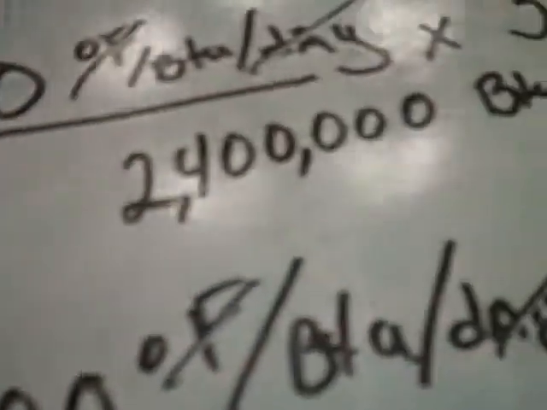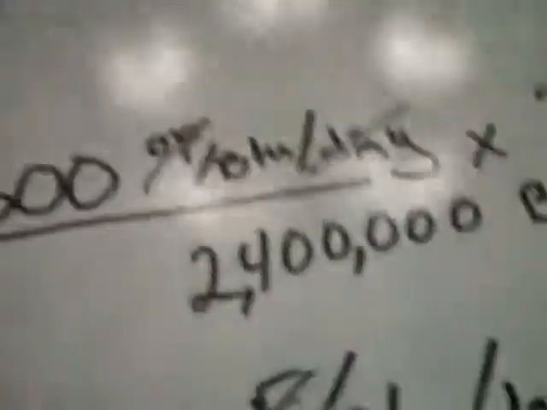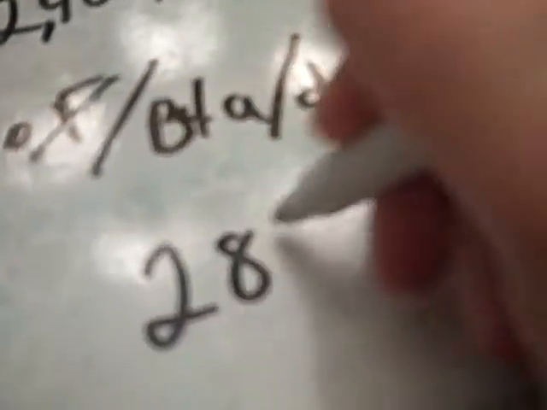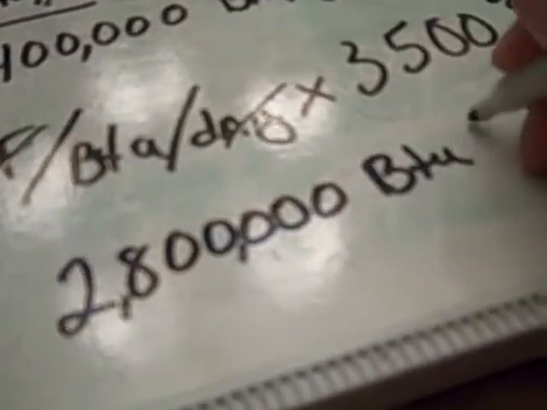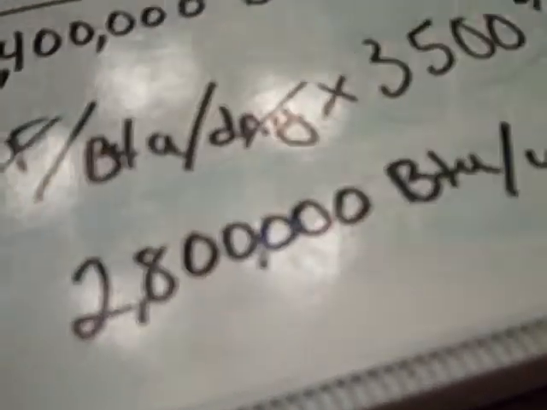So days and days are out, degrees Fahrenheit and degrees Fahrenheit are out. And when I set this up for my final part, my answer to this is 2,800,000. And that is in BTUs per year.